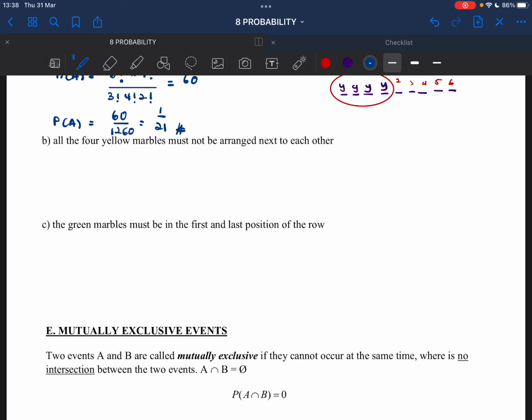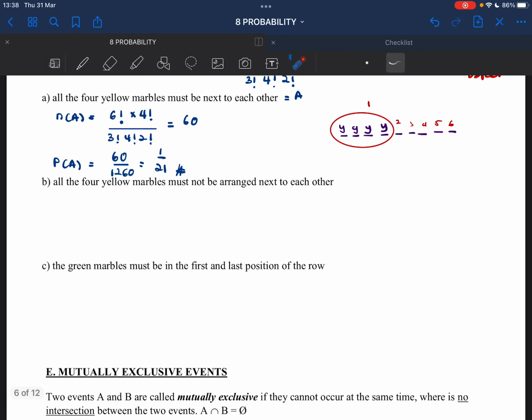Right, let's see another example: all the 4 yellow marbles must not be arranged next to each other. The previous one was 4 yellow together. As you can read from the second question, 4 yellow marbles must not be arranged next to each other, so this one is 4 yellow not together. Instead of doing all minus together, this is actually your A prime.